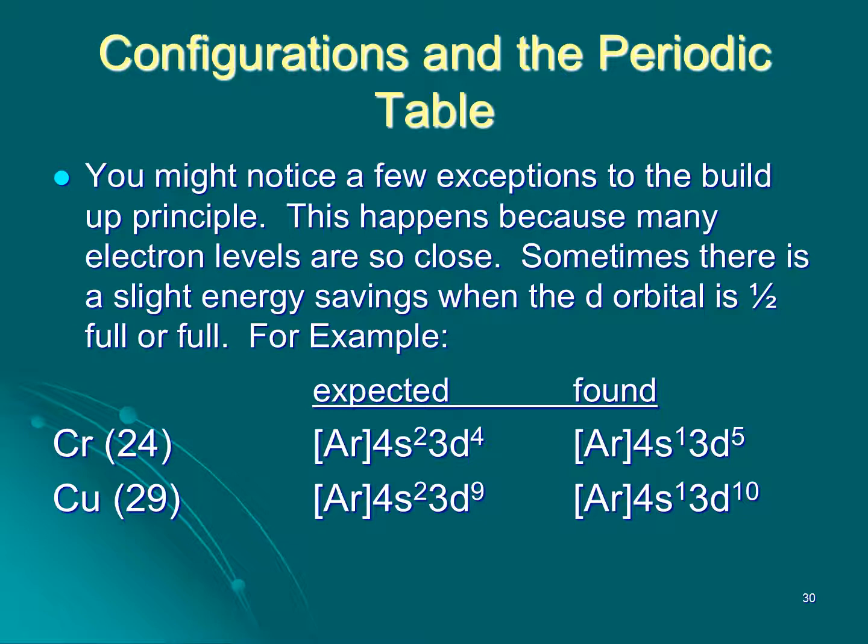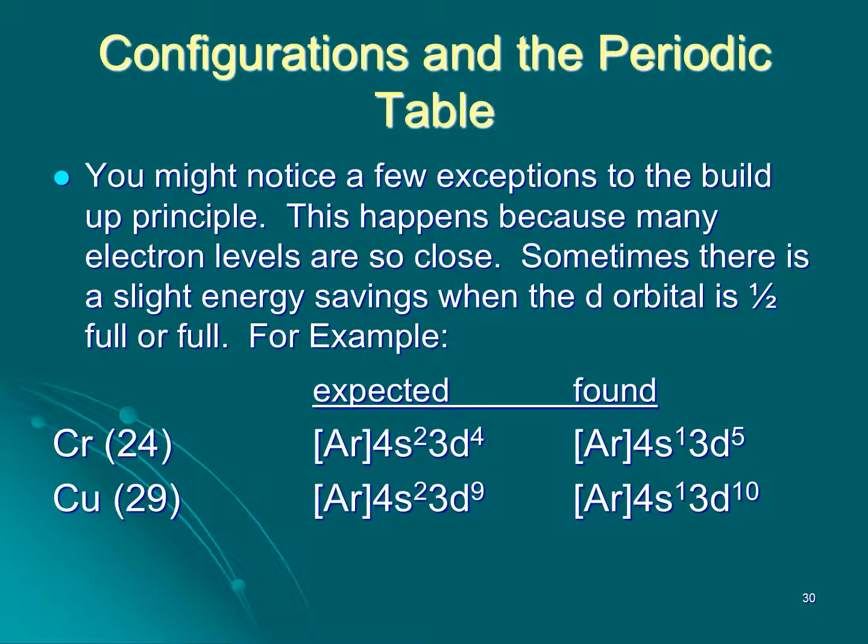Actually, because it's a little bit more stable to have a half-filled 4s subshell and a half-filled 3d subshell, 4s1 3d5 is actually slightly lower energy than 4s2 3d4. That's because 4s and 3d are so close in energy that there's some extra savings in that half-filled subshell.